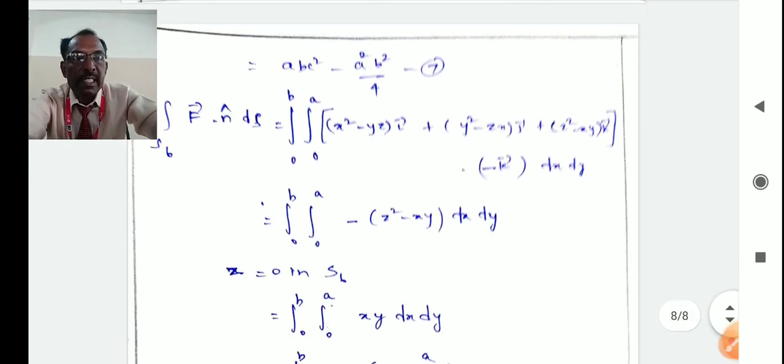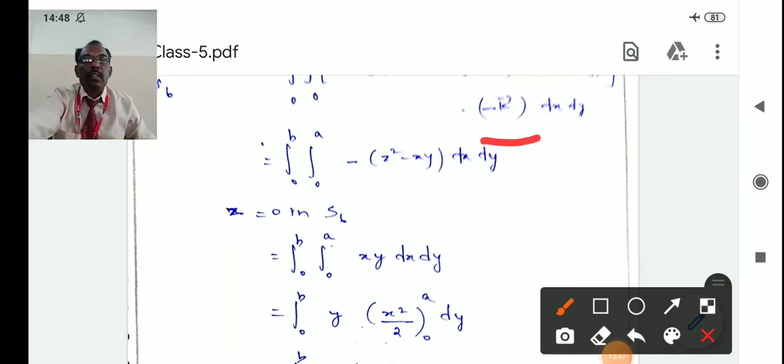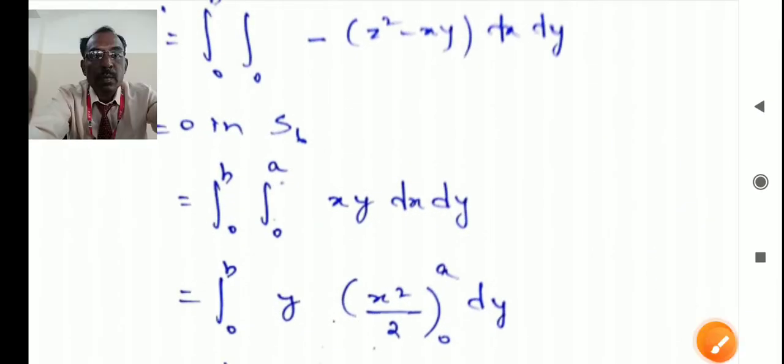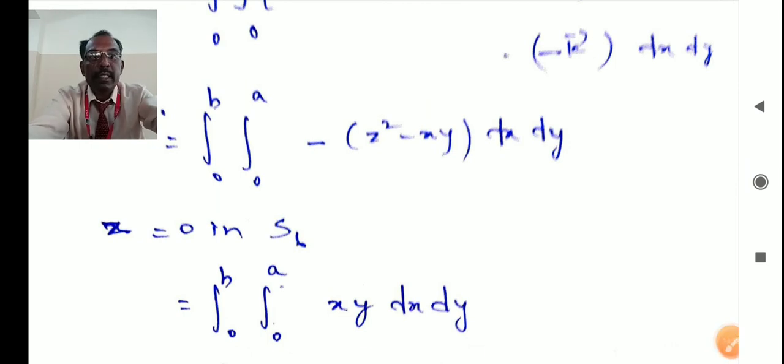In S6, n cap is equal to minus k vector. Now do the dot product of this one. Here z equal to 0 in S6.